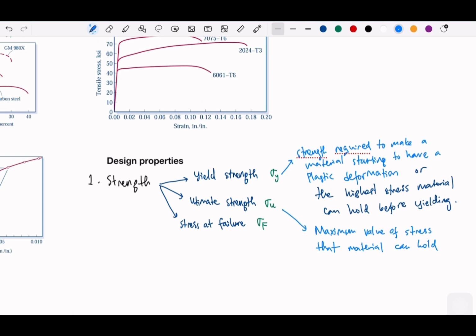The stress at failure is not the same as the highest stress. If you see the graph, the highest one is the ultimate strength, but the stress at failure means the value of stress itself when the material is failing. That is the definition.